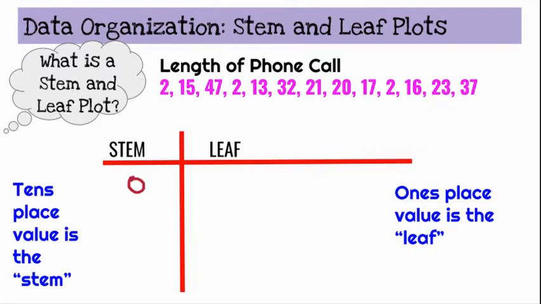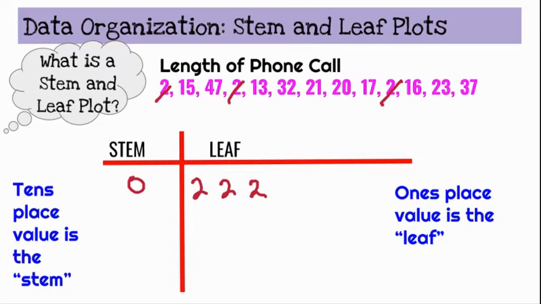Well, I have a 2 right there, a 2 right there, a 2 right there, and no other single digit numbers. So I'm actually going to write 3 2s because I have 3 separate 2s in my data list. Every single one of these leaves represents one number, one answer from my data set. So we've taken care of the zeros.